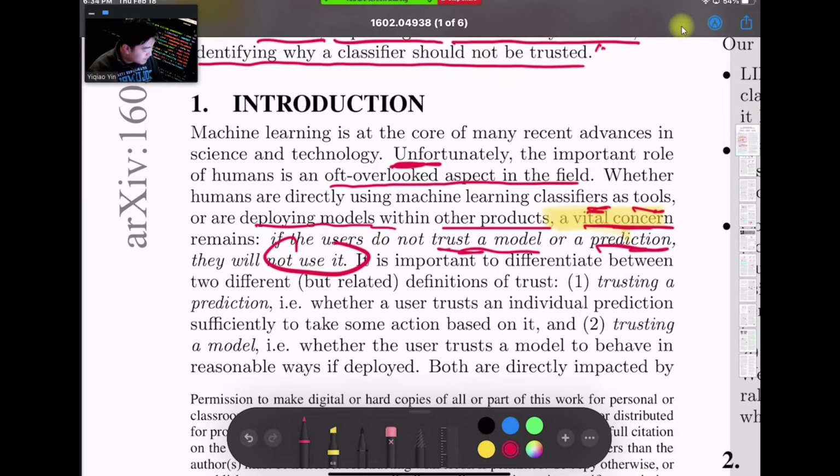It is important to differentiate between two different but related definitions of trust. So to talk about trust, they are saying that we need to talk about two things. The first thing is trusting a prediction. And what that means is whether a user trusts an individual prediction sufficiently to take some action based on it, right?